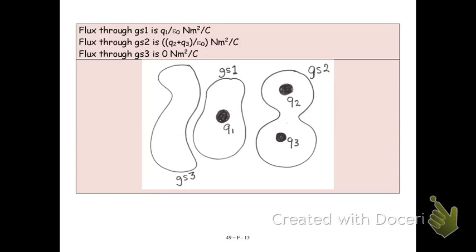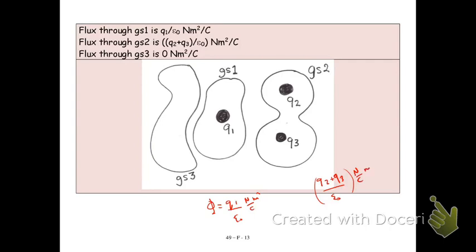We can say, okay, let's take Gaussian surface 1. That's the middle one. Well, that would be Q1. My flux equals Q1 over epsilon naught newtons per Coulomb meter squared. And if I take this one, that's going to be Q2 plus Q3 over epsilon naught.